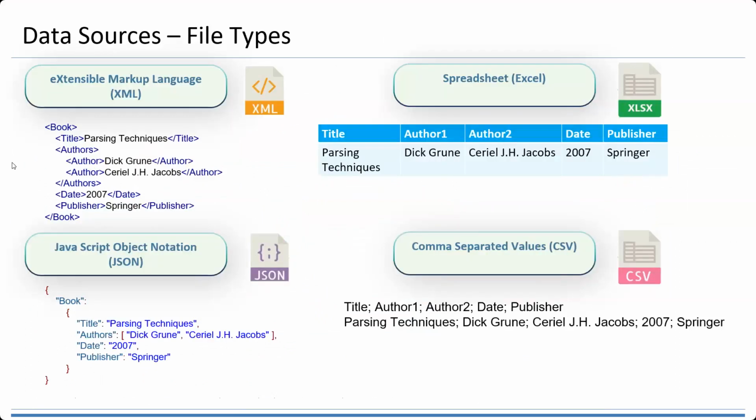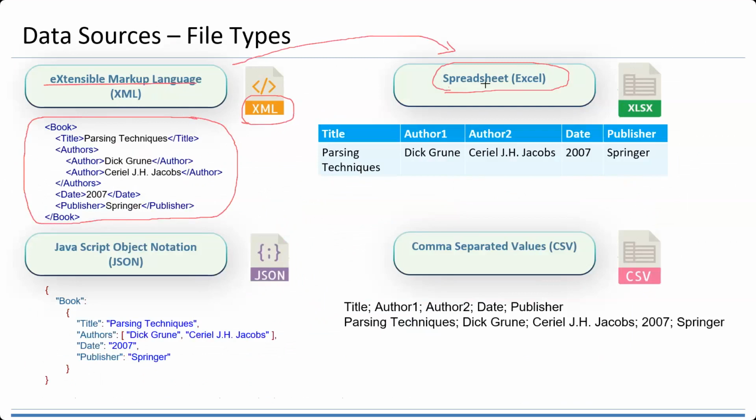So it is related with the data sources. Whenever you want to get data, you can get the data in the form of XML. Okay. XML means extensible markup language. So this is an example of XML. Just see the example in Excel, and you know how to read an Excel file. It is in the form of a spreadsheet.